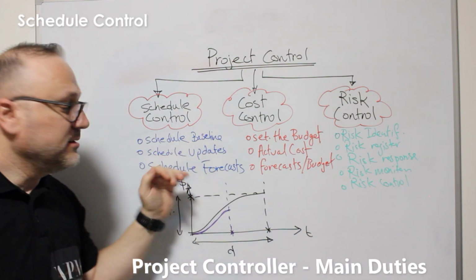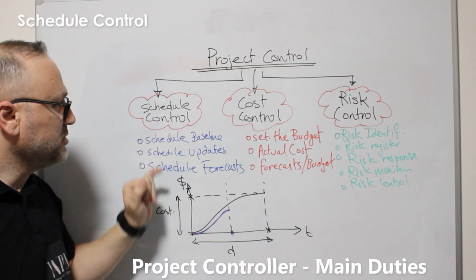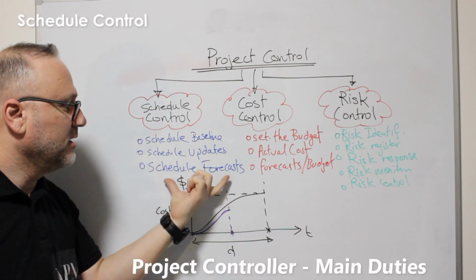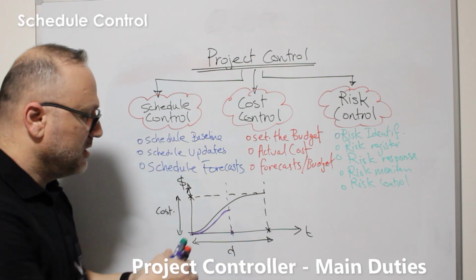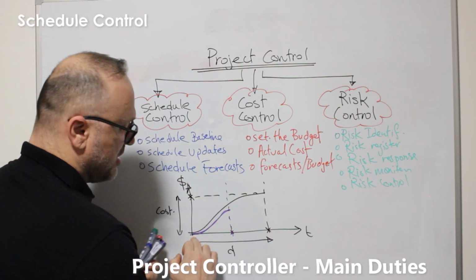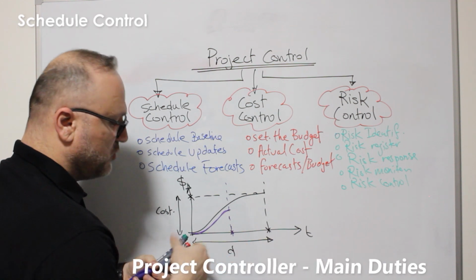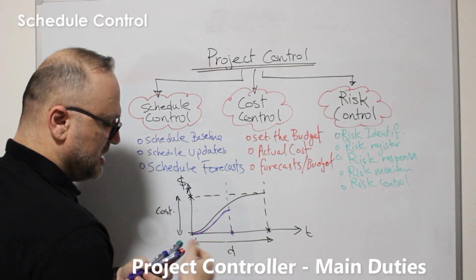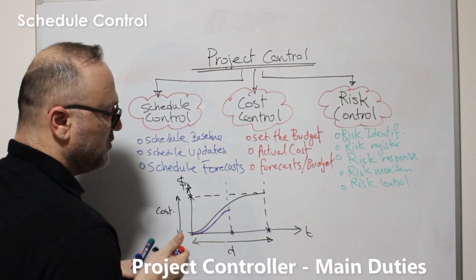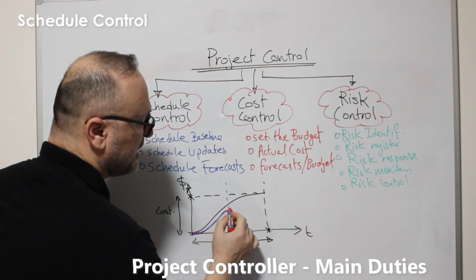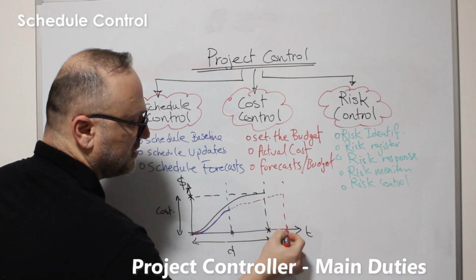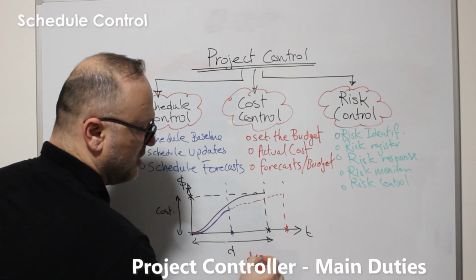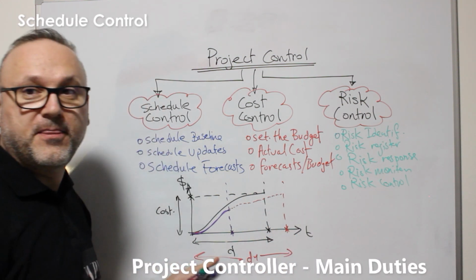Once it's updated, then the schedule controller can create the schedule forecast, because now we have that the project will finish in duration D, but if we are in delay, the project might finish with D1.